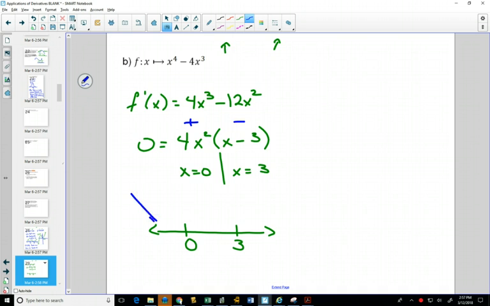That tells us this part is decreasing. When I plug in a number between 0 and 3, like 1, this is positive, and 1 minus 3 is still negative. It's still decreasing. And then finally, choosing a number larger than 3 will change this part to positive, which will be increasing again.